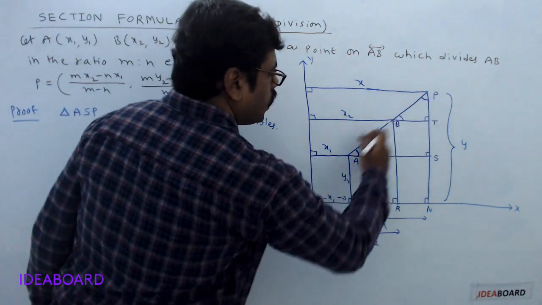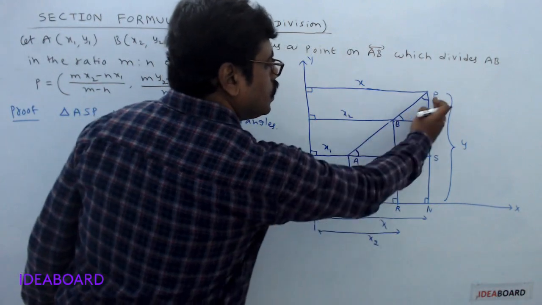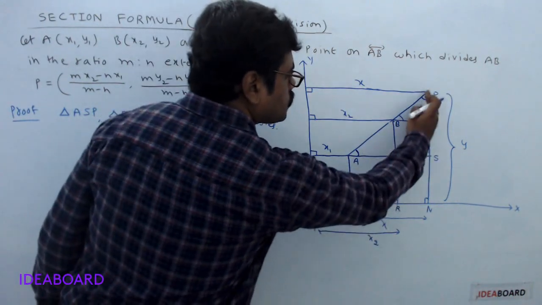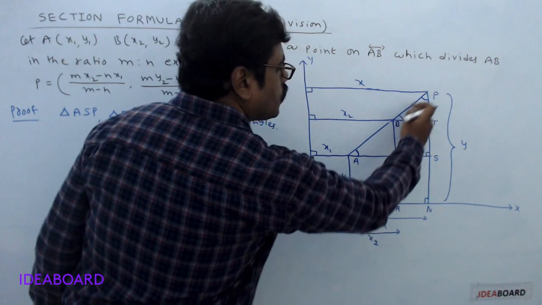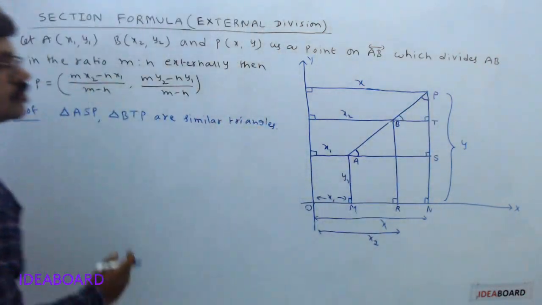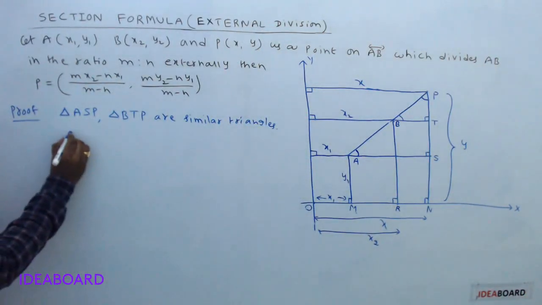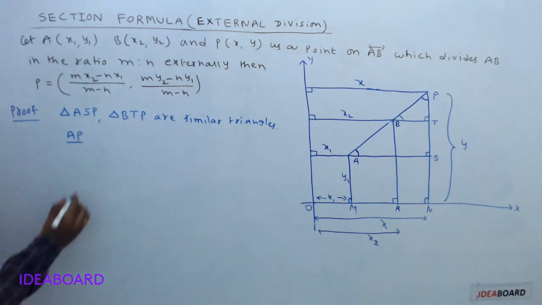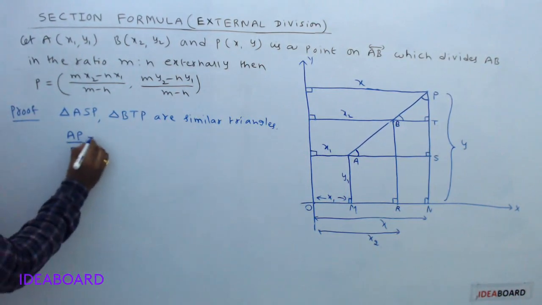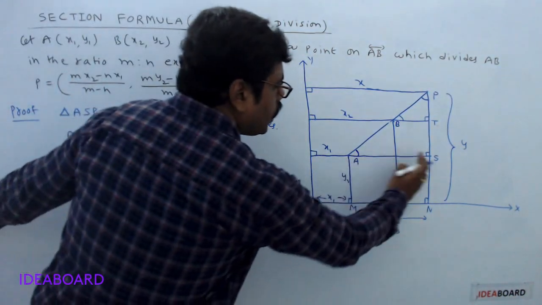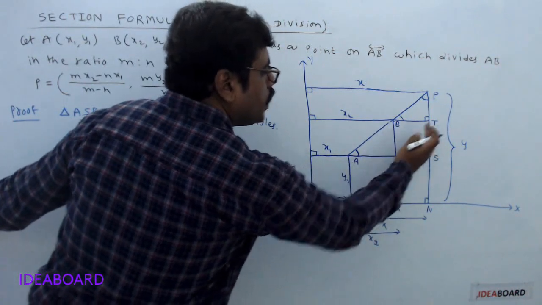Here in this triangle, hypotenuse value is AP. In this small triangle, hypotenuse value is BP. So AP divided by BP equals AS divided by BT.